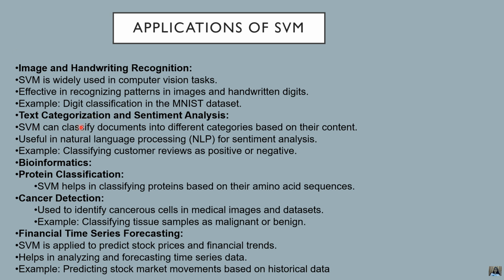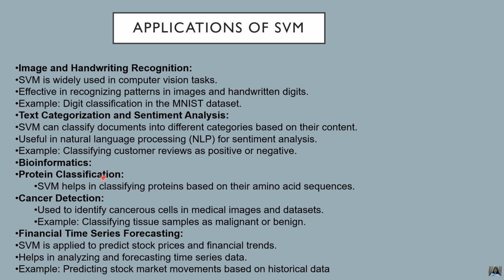Next comes text categorization and sentiment analysis. SVM can classify documents into different categories based on their content, useful in natural language processing and sentiment analysis. For example, classifying customer reviews as positive or negative, so it will be helpful for future decisions.